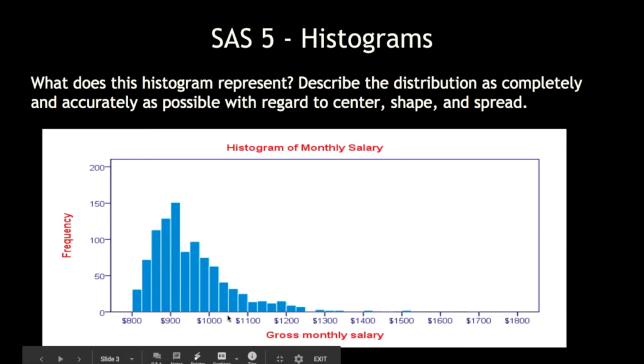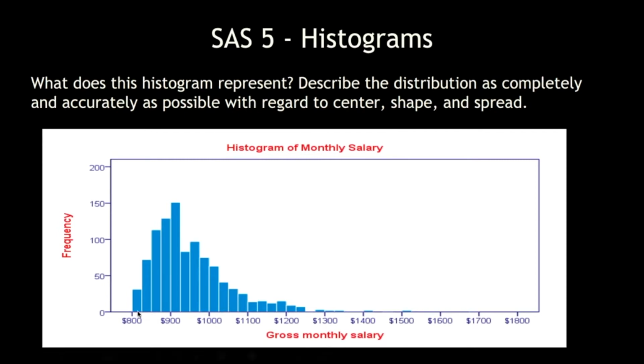We can say a lot of things about it. What's the minimum salary in this histogram? It's $800. What's the maximum? $1,500. So we have a spread of 800 to 1,500. That's your spread or your range. What about the shape? Is it symmetrical? Symmetry means that one side looks like the other.